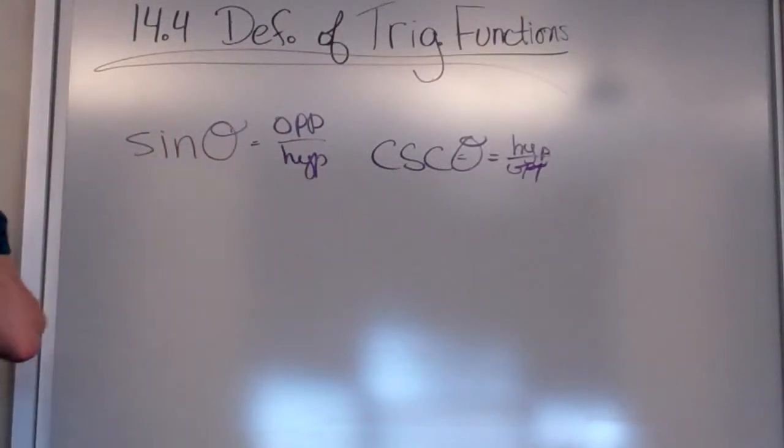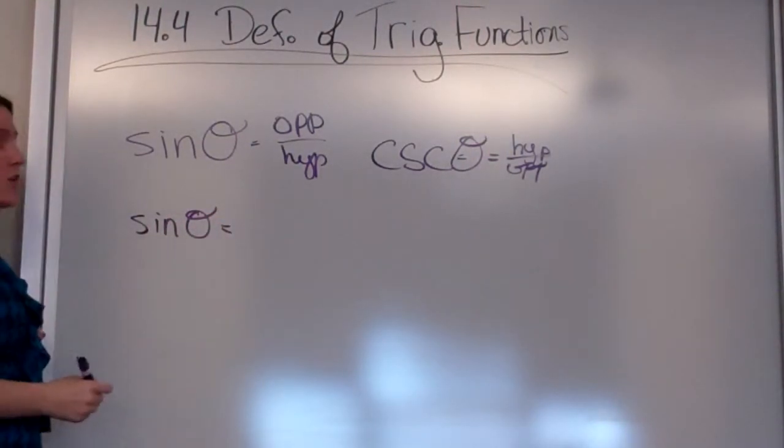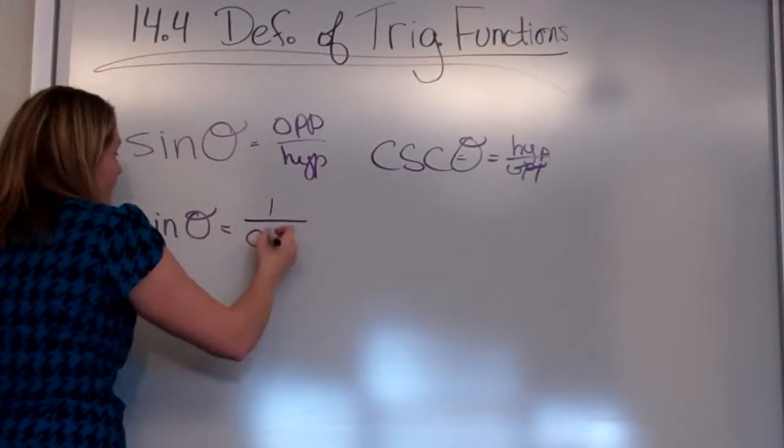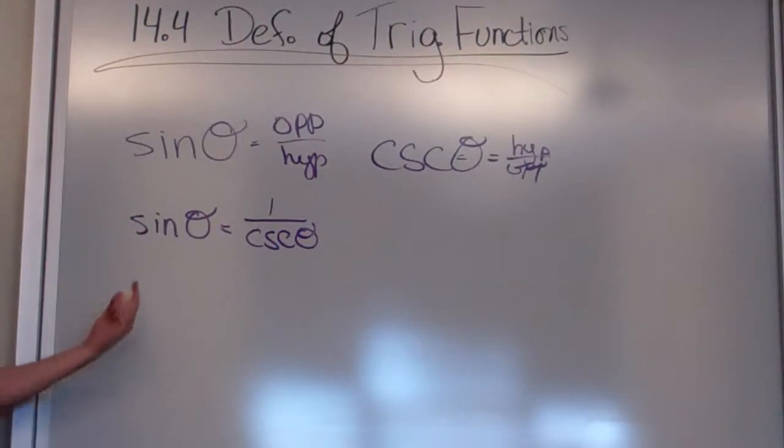Now, just one other thing that you can probably infer from this: if I have sine, then cosecant is just, as we talked about yesterday, its reciprocal, so 1 over sine. So these are how they're related, they're reciprocals.